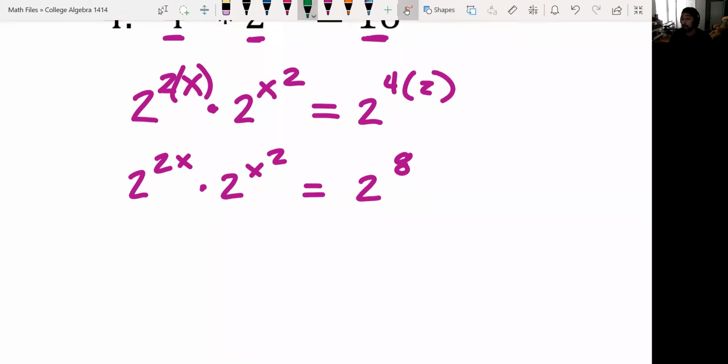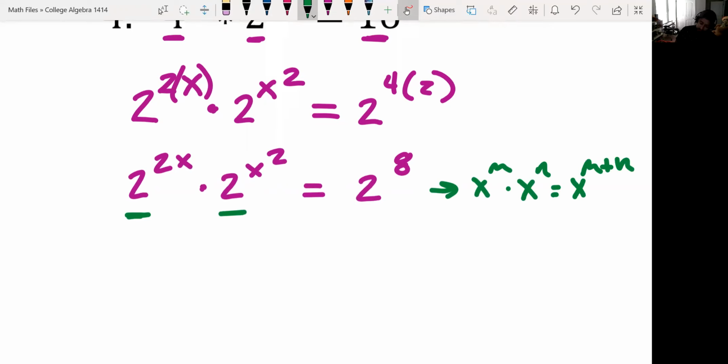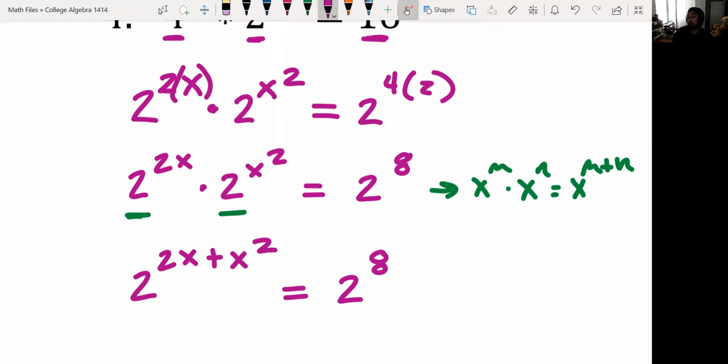And now, by our exponential properties, same base, add your exponents. So this will give us 2 to the 2x plus x squared equals 2 to the 8th.